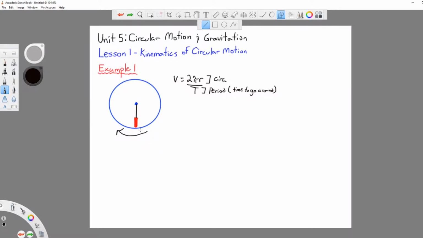Well, if we cut right there at this moment in time, our object is going to fly off tangentially, which means that it is going to fly essentially straight away from the circle in the direction that it was currently traveling. So the velocity at this bottom point is straight to the left.